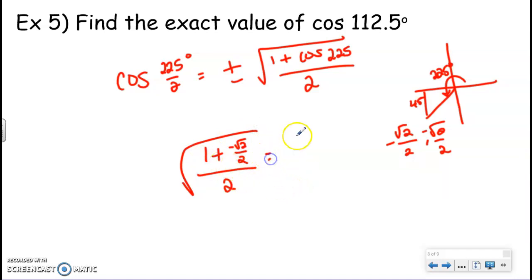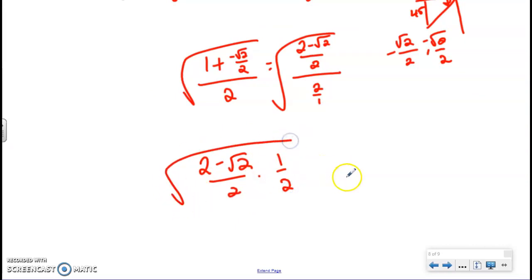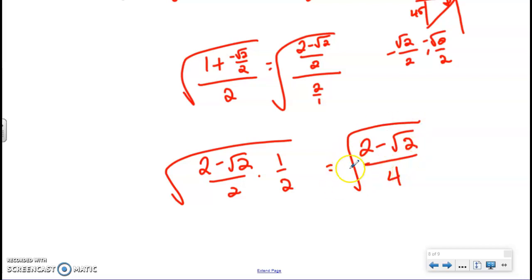So I actually have 2 minus the square root of 2 over 2 divided by 2 over 1 inside my square root. So if I flip my fraction and multiply, 2 minus the square root of 2 over 2 times 1 over 2 inside my square root, I get 2 minus the square root of 2 over 4, again inside my square root. And I know it's going to be negative eventually, but I'll deal with that at the end.